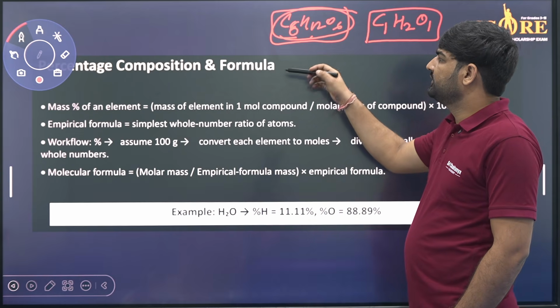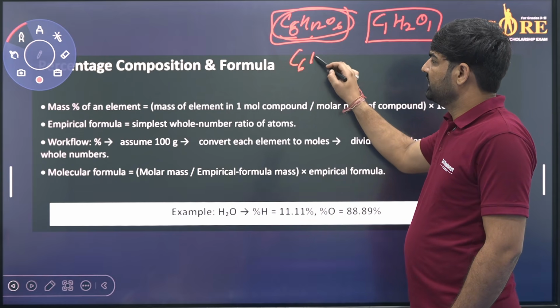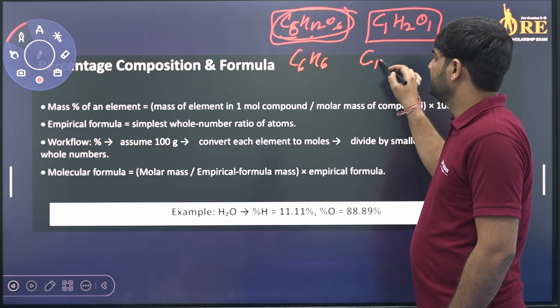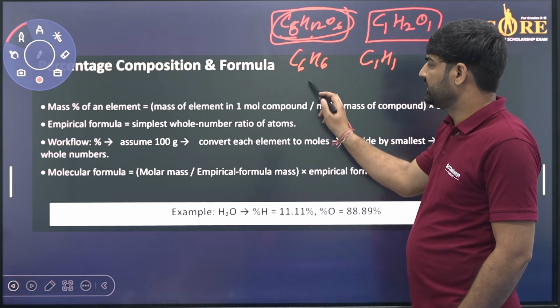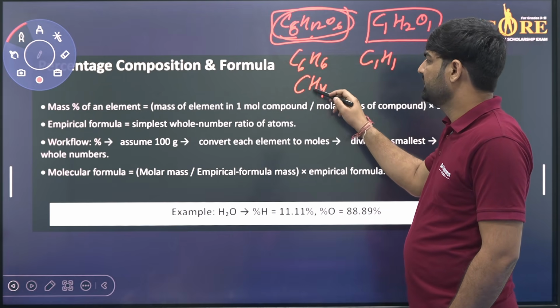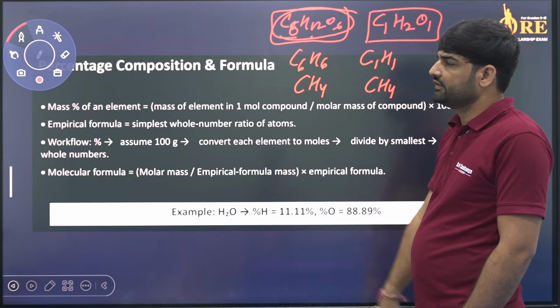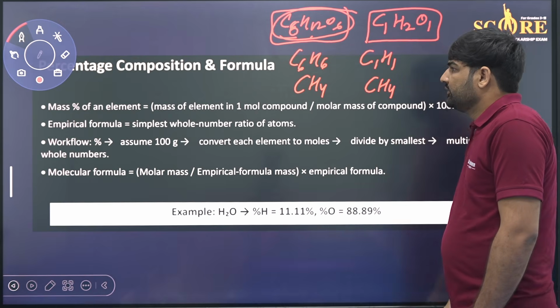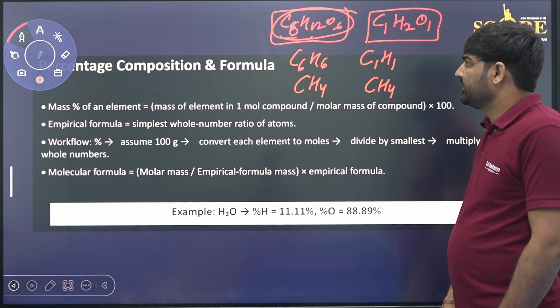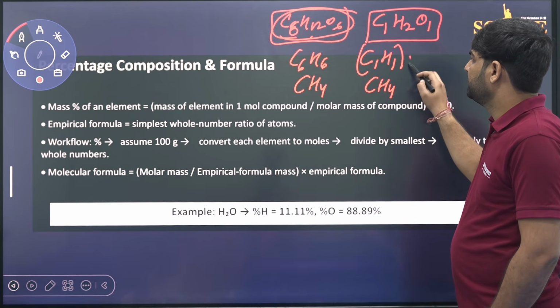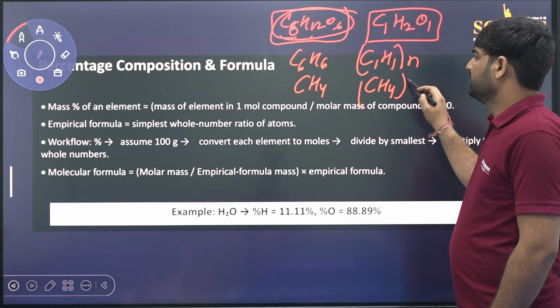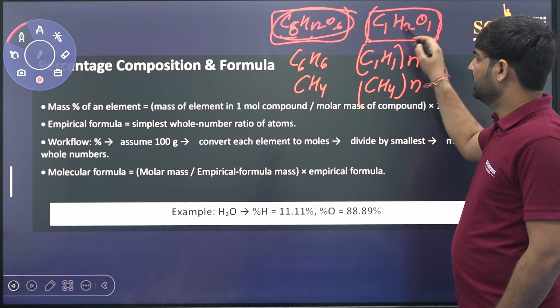Another example, C6H6, then you can say C1H1. Another example is CH4, which is also the simplest ratio, so you write CH4. Now you will see that the empirical formula is multiplied by some coefficient to obtain the molecular formula.